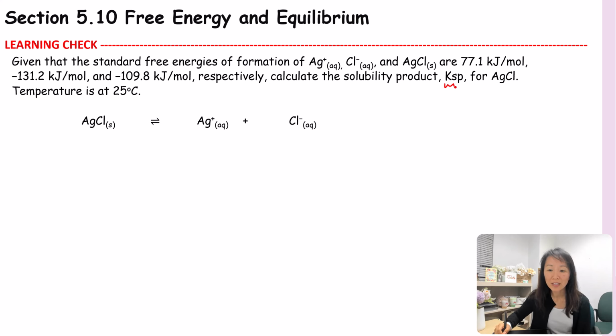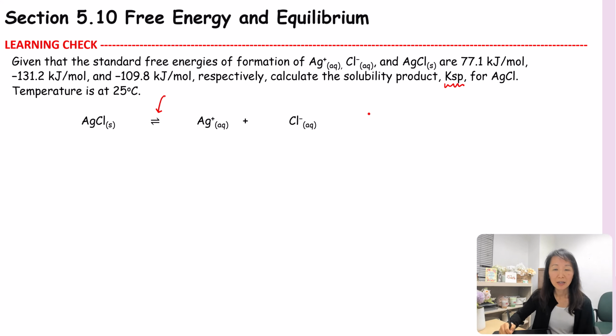It's looking for the KSP for silver. Temperature is at 25 degrees Celsius. So it's asking for what is the equilibrium constant, right? The KSP. So it's at equilibrium. You can already tell by here, that double arrow, okay?